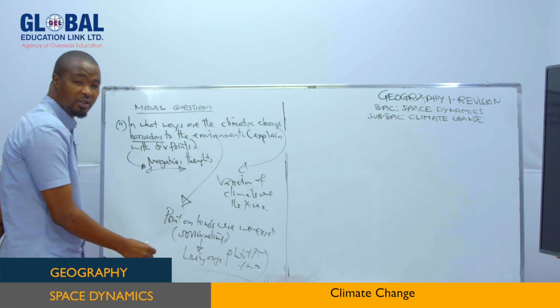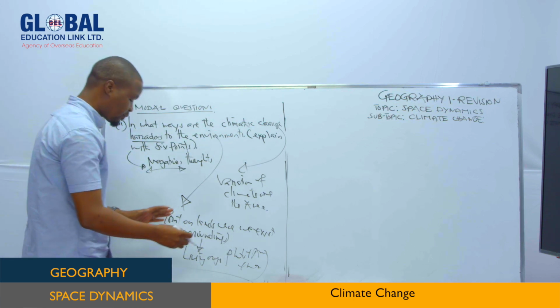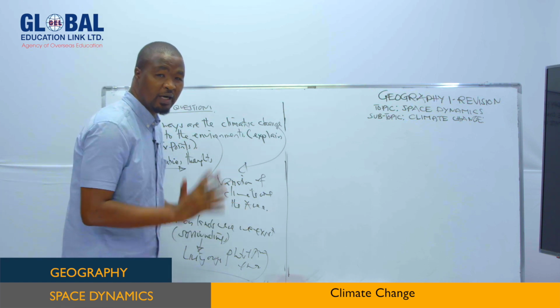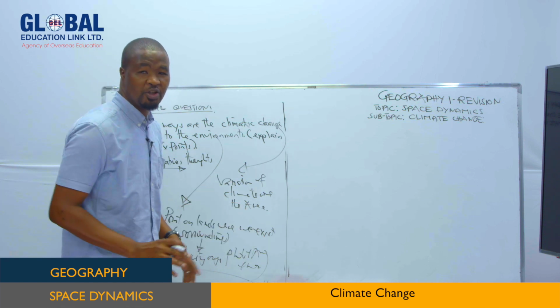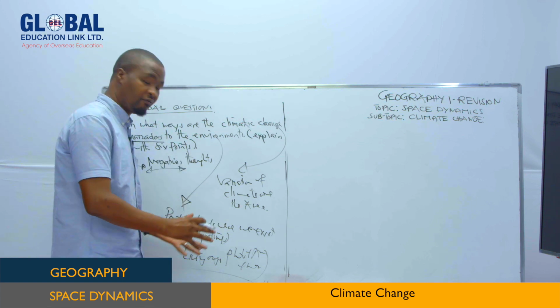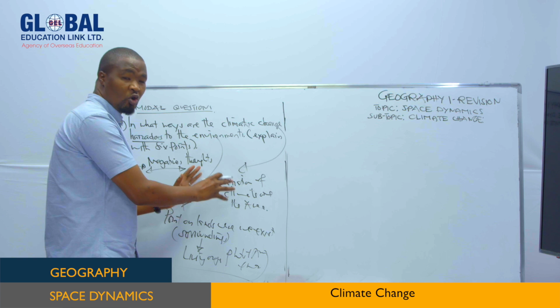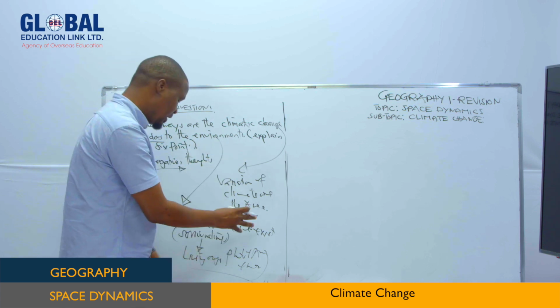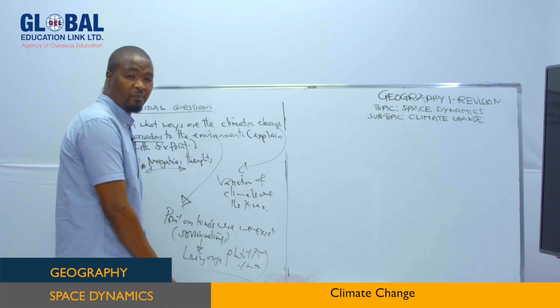Are we together? It means we are talking about what happens when there is a change of the climate of a given area, the variation of climate of a given area, which later may affect in a negative way the environment. So when you're talking about the environment, you're talking about the living things, plants, animals, as well as man. Are we together?